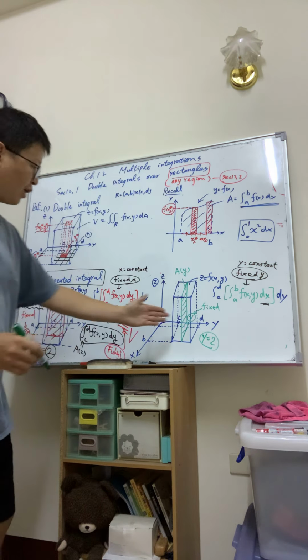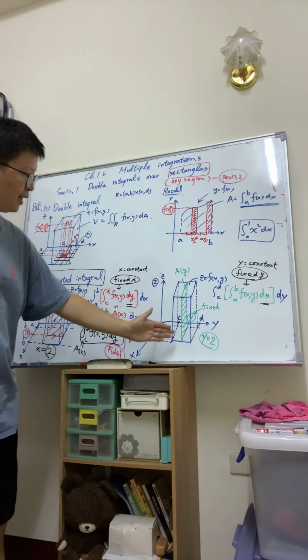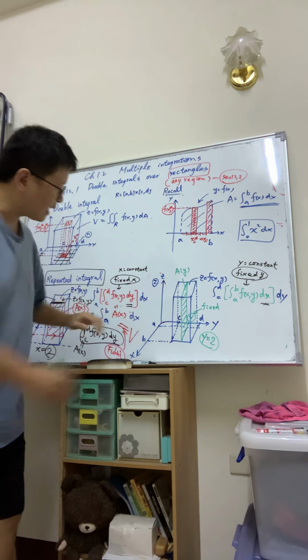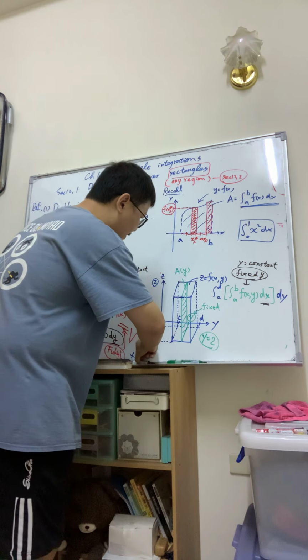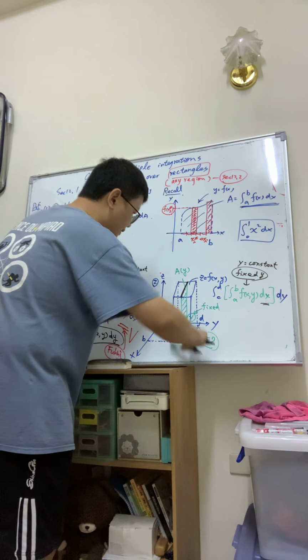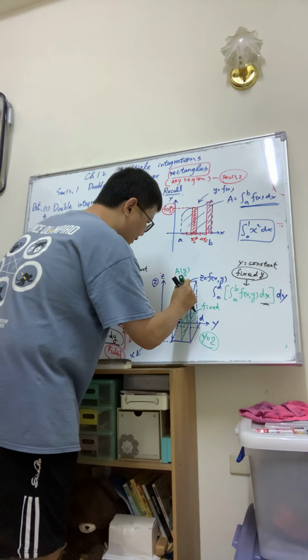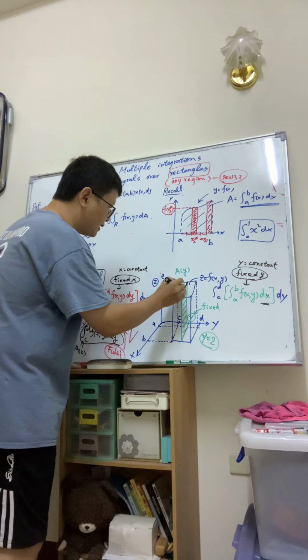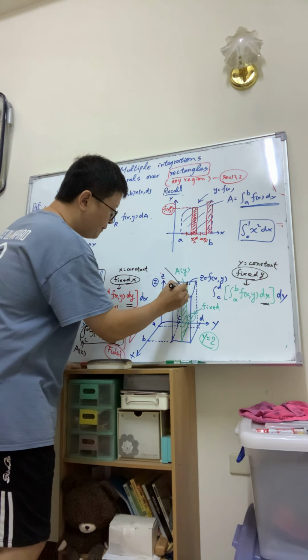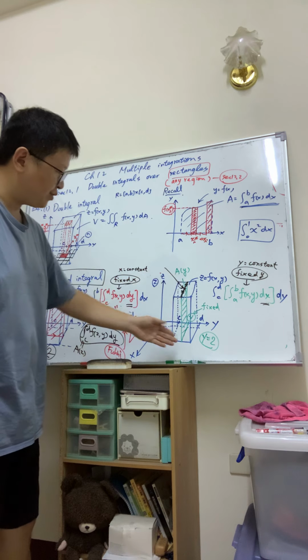Now we consider the plane y equals 2, and the surface z equals f of x, y. Then it has the intersection, this line. In this line, each point has y coordinate value 2.